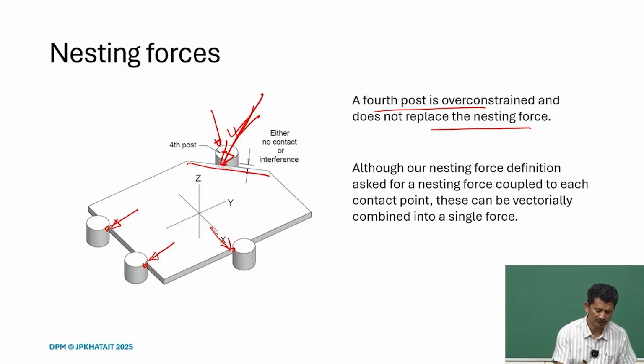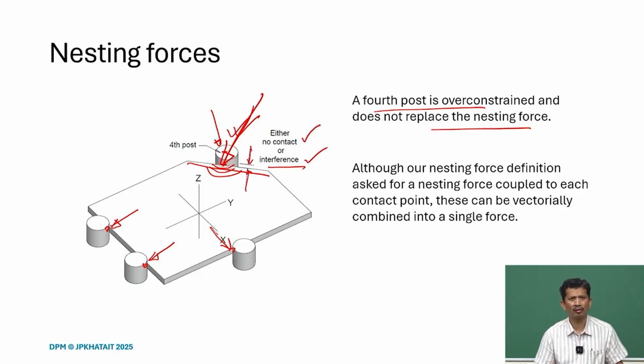So either it will be too tight, so it will press too much and there will be interference, or if there is any gap, there will be no contact. So no contact means there is no nesting force. So it's very important to understand that we cannot use the same kind of contacts to get the nesting force.